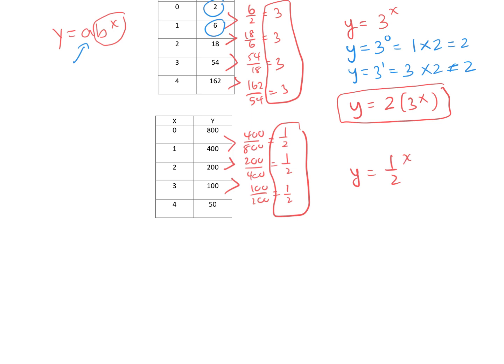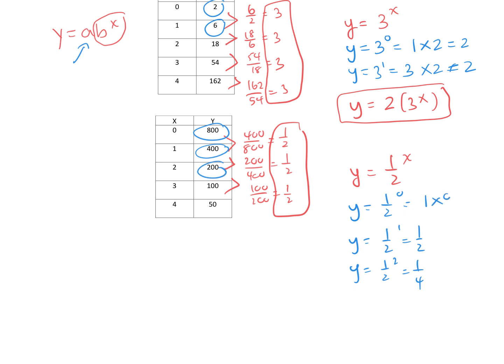Then I want to see if there is a multiple of a. So I've got 1/2 to the 0 is 1, but the value indicated is 800. I have 1/2 to the power 1 is a half, but the value is 400. I have 1/2 to the power 2 is a quarter, but the value is 200.